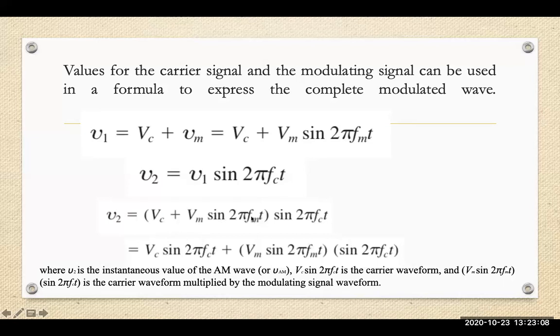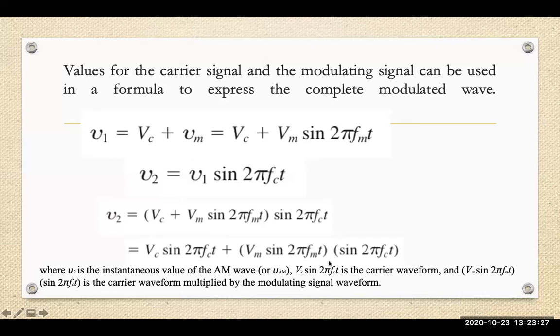Okay, so you have, plug in lang natin dito. Di ba ito yung ating V sub 1, right? So this is equal to V sub C plus V sub M sine 2 pi F sub M T. Plug in natin dito. So simplify lang natin.